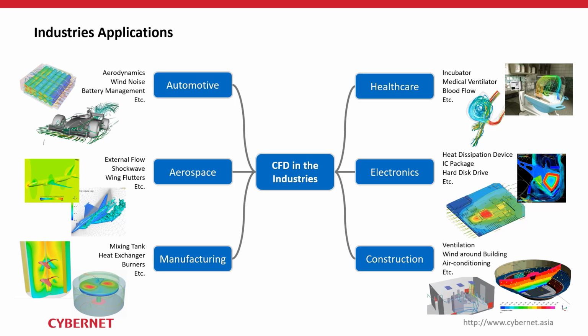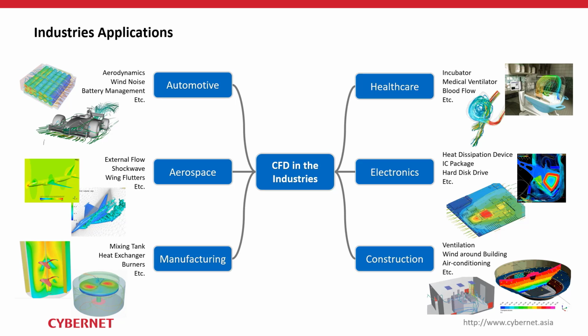In manufacturing, we've seen CFD used for chemical reactions between two different components of fluids, or for combustion processes, where you can include the chemical composition of each of those fluids and then see the reaction.